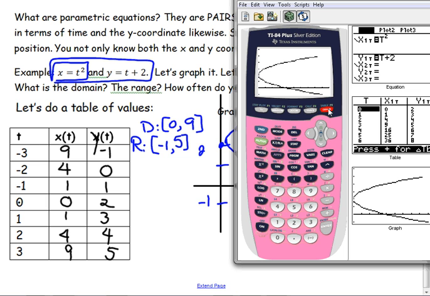Now, if you want to see it move slower, let's change the speed. Let's make my t-step, I don't want to go 0.01. It's way too slow. Let's go 0.05. So what it's doing is every time at 0.05 increments, it's plotting a point. If you want to see it go slower, you have to make the t-step smaller.